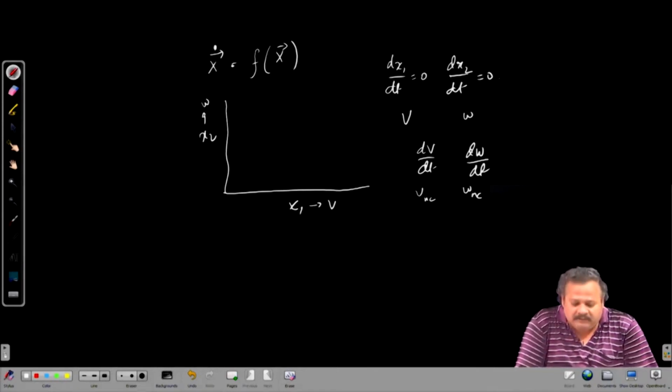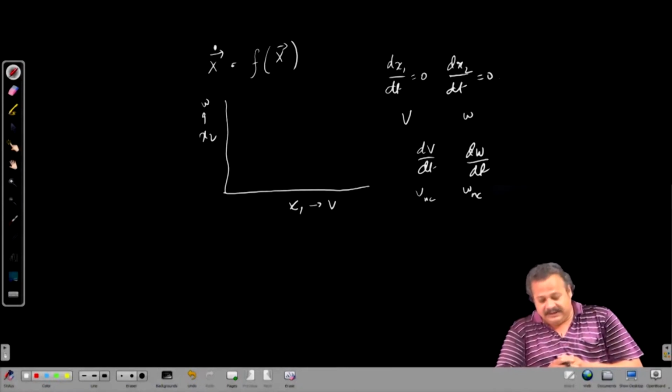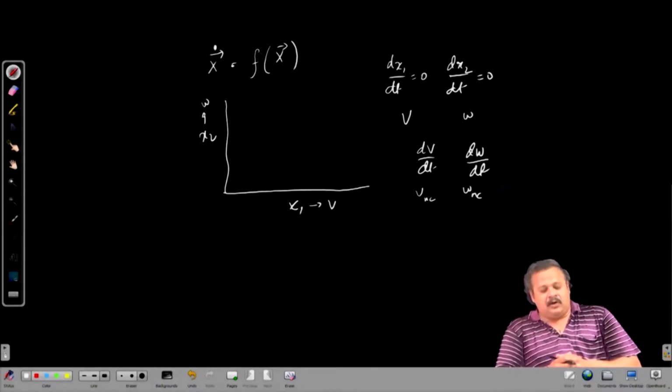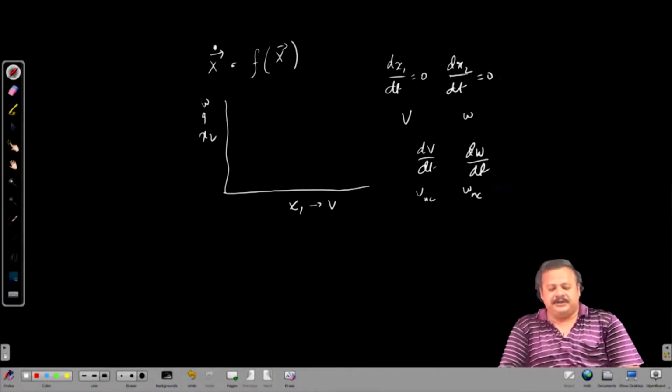And the properties of the equilibrium points, we said, determine the properties of the system in general. In order to understand how they influence the system, we talked about linearizing around the equilibrium points in the phase plane.